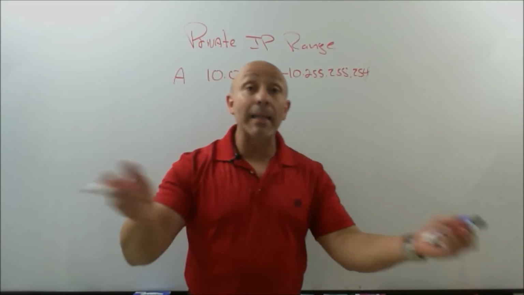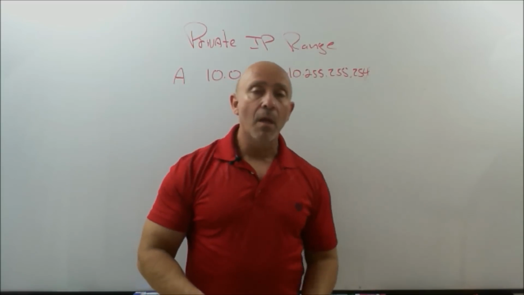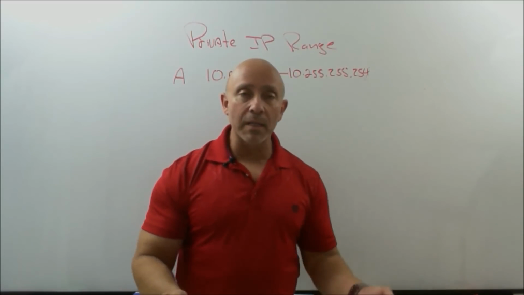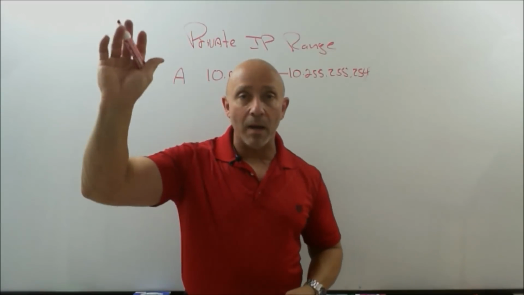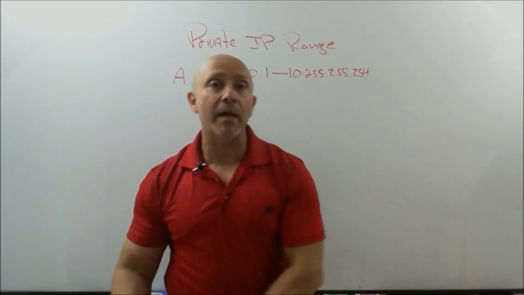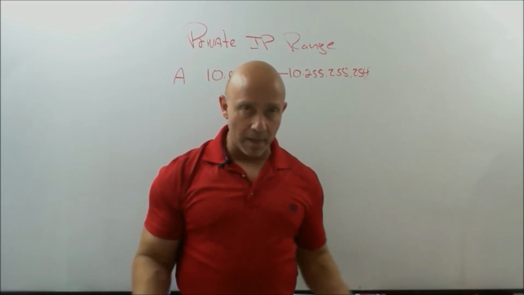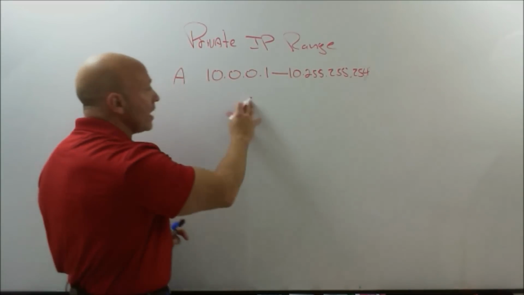So those of you that buy Linksys routers or D-Link routers, NAT's already configured on there. You don't even have to mess with it. It's already in there. That's why you can automatically just plug it in and go out. Because you have a public side, which is your provider, and the private side, which is your Linksys that is assigning addresses to your local network. Okay? So this is the Class A.